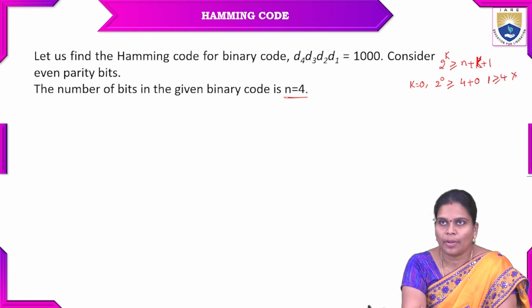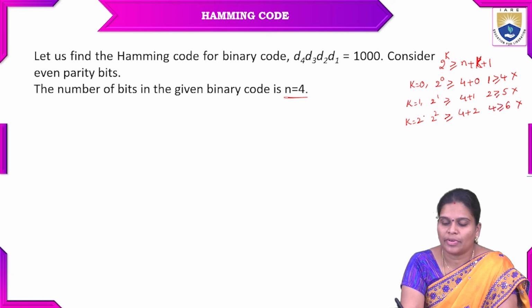Not satisfied. Next, k equal to 1: 2 power 1 greater than or equal to 4 plus 1 plus 1, so 2 greater than or equal to 6. Not satisfied.